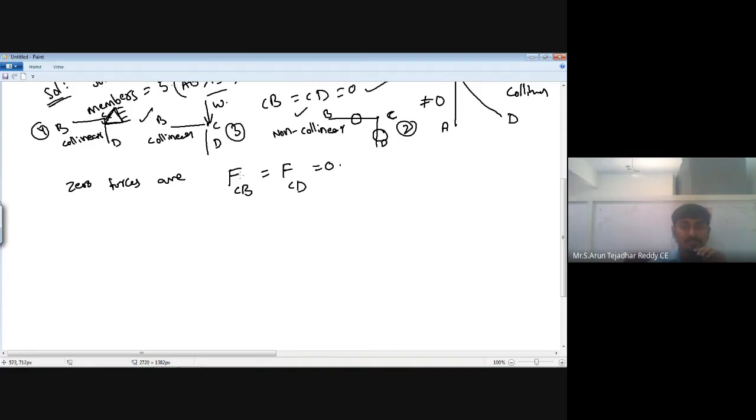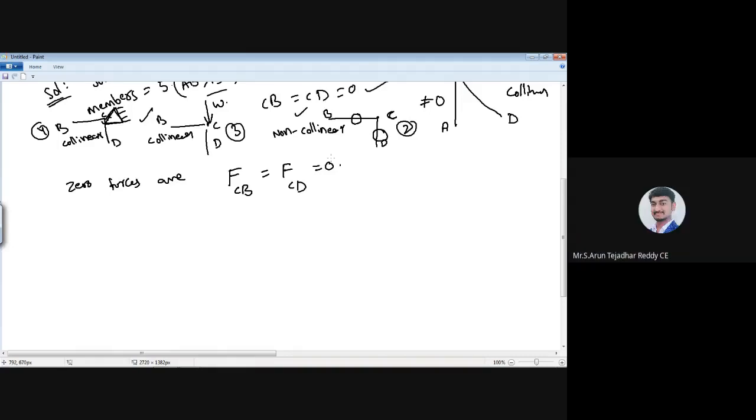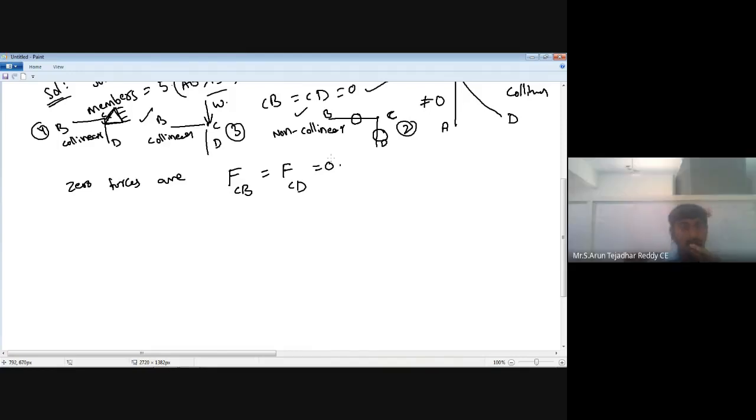Next, just now we discussed that when we are calculating by the method of joints, or the method of sections, or the tension coefficient method, our first step is to calculate or find the support reactions.